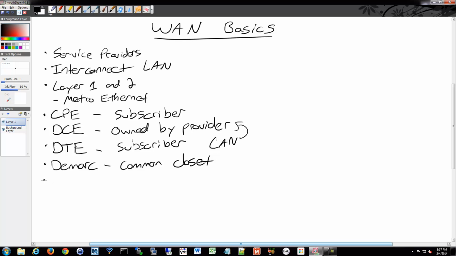There might be one for the whole building, and the ISPs have access to that DMARC closet, and then you'll have cables run from your office into the DMARC to connect to the provider's network.